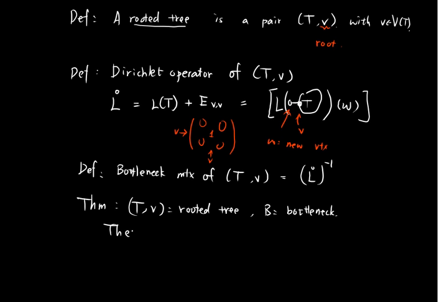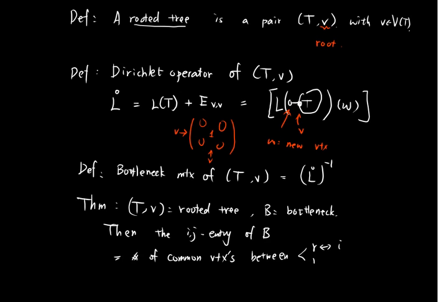Then the ij entry of B is equal to the number of common vertices between two paths. Okay, so I think I will pause here.